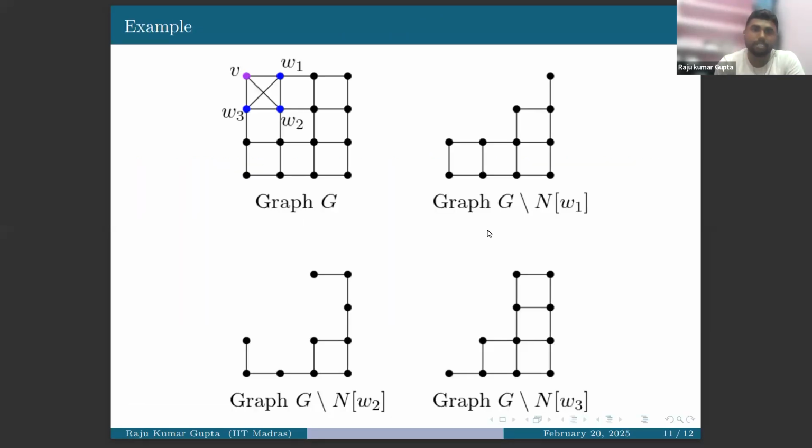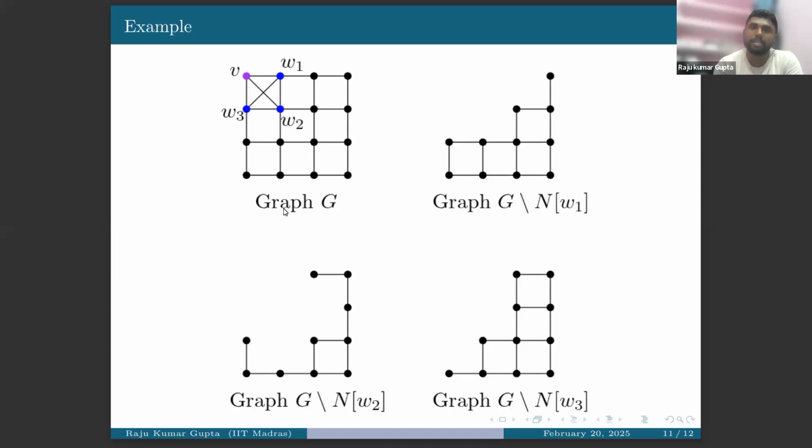We have an example for this technique as well. So we have this graph G and we can see that the neighbors of this vertex V form a clique: W1, W2 and W3. Now we can remove the neighbors. We obtain three different graphs: the graph G minus the closed neighborhood of W1, G minus the closed neighborhood of W2, and G minus the closed neighborhood of W3, by removing first all the adjacent vertices of W1, then all the adjacent vertices of W2, and then all the adjacent vertices of W3.